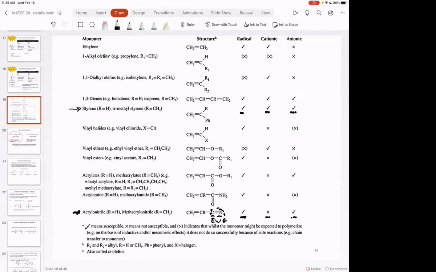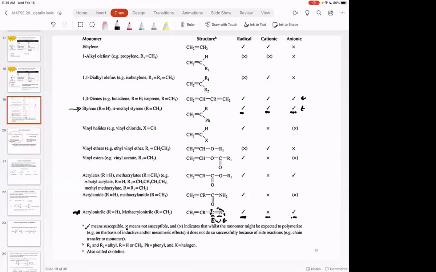Check mark means that works. X means it's not going to work, or X parentheses means it might, but not very well. And so I look and see which ones fulfill all the different mechanisms, and it's dienes and styrene. And we're going to talk about dienes in a second. That's the last thing that we're going to do before we take the exam. Any questions on a table like this, or the difference between free radical, cationic, anionic, and what happens when?